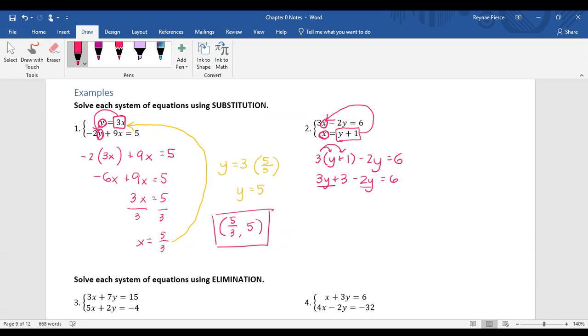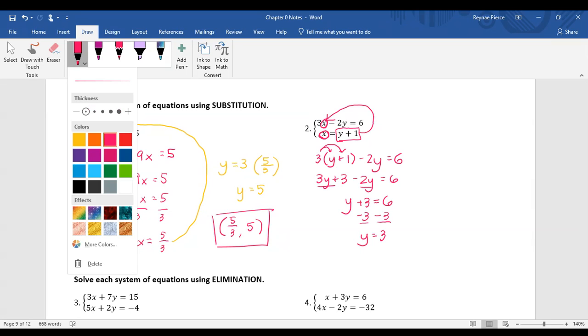Combine these like terms that have y. 3 minus 2 gives me just 1y. Plus 3 equals 6. Subtract 3 from both sides, and now I have my y value. Y value is 3. Okay?